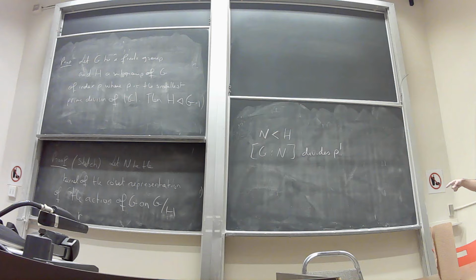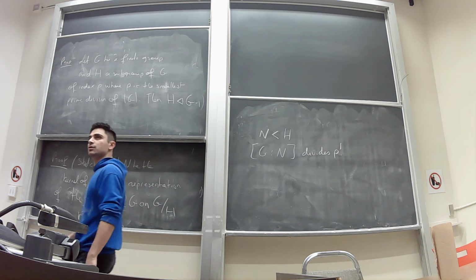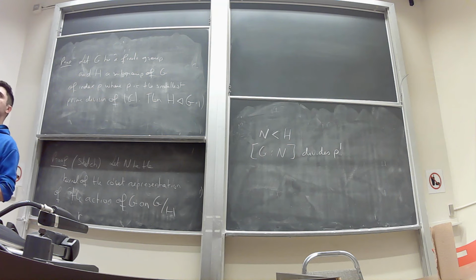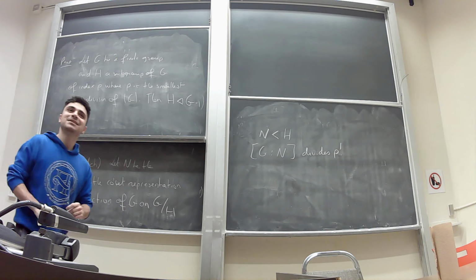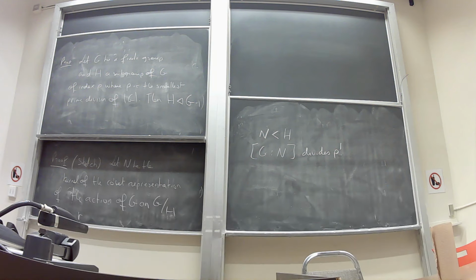Look at the previous theorem. We know that G modulo the kernel is isomorphic to a subgroup of S_n. Are we good? G modulo the kernel is isomorphic to a subgroup of S_n. So G modulo the kernel has size dividing n factorial.